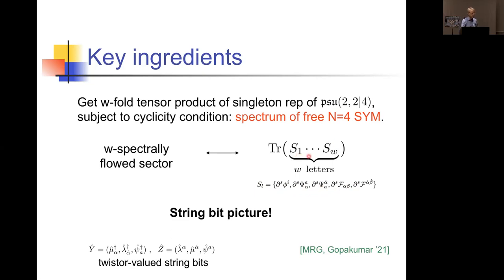So you take W of them, you take the trace, and what they come from is this W spectrally flowed sector of this free symplectic boson and fermion theory. So this looks as though the string theory is really becoming a string bit description, where each string bit is this twistor valued string bit, and you're gluing W many together to describe the sector with W fields in super Yang-Mills. And when you sum over all W, you reproduce the full N=4 spectrum.